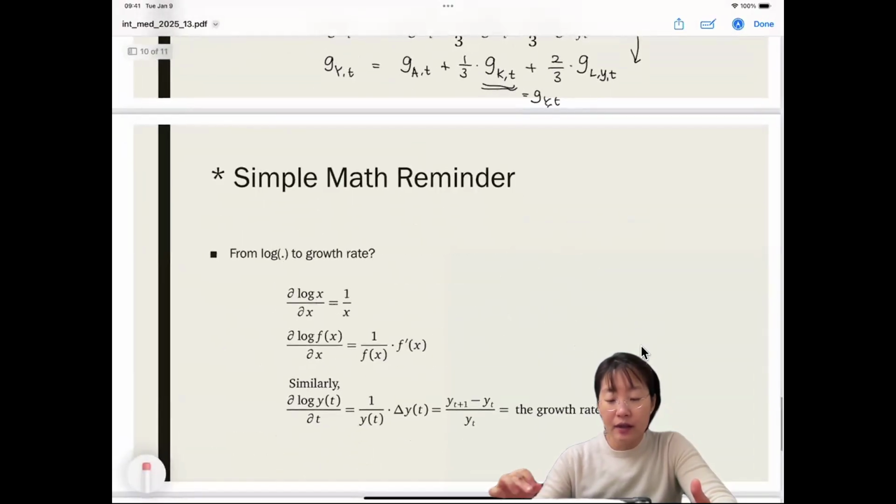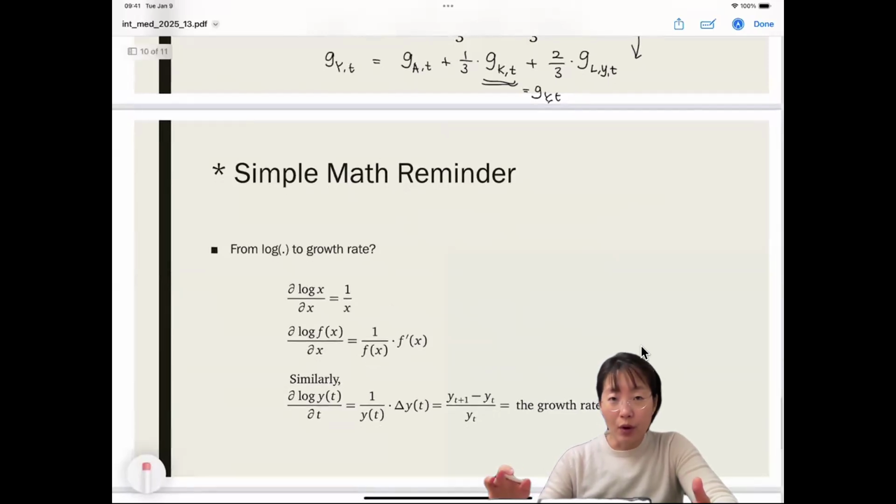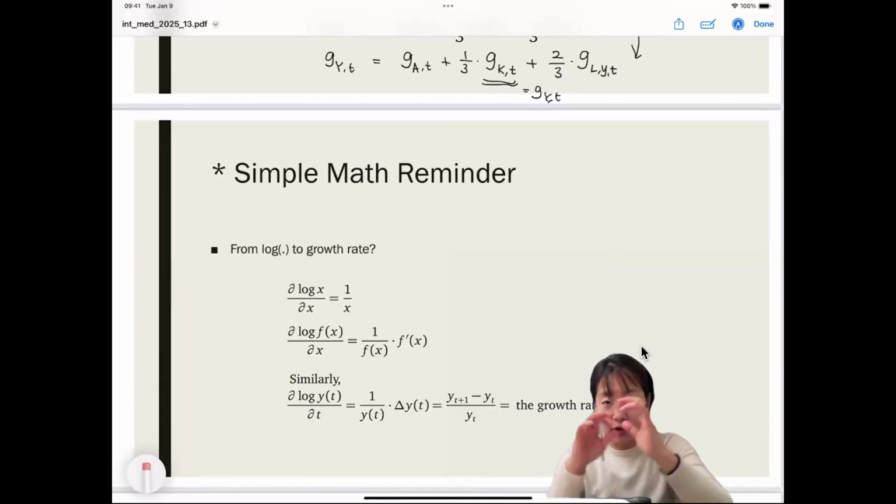So this is a reminder of calculus. You don't have to know each step of this derivation, but you might want to remember that the growth rate is derived from the first derivative of logs, just the fact.